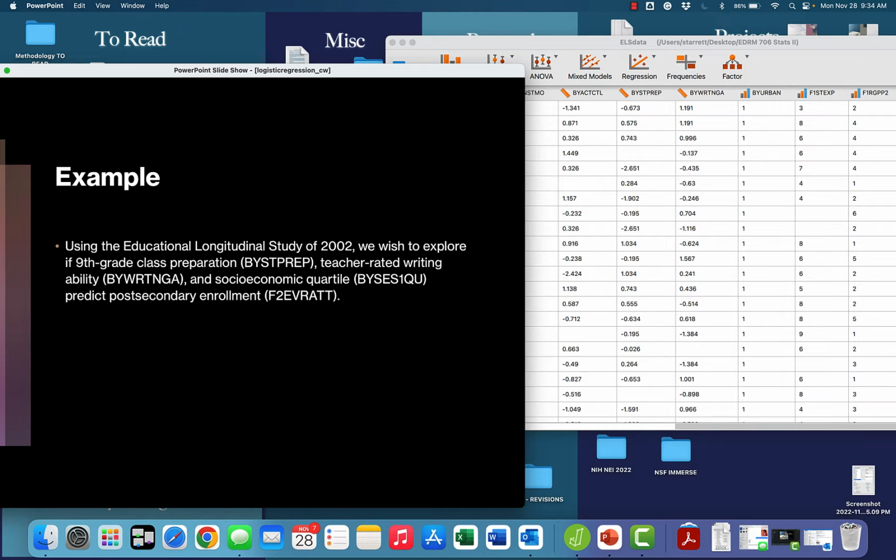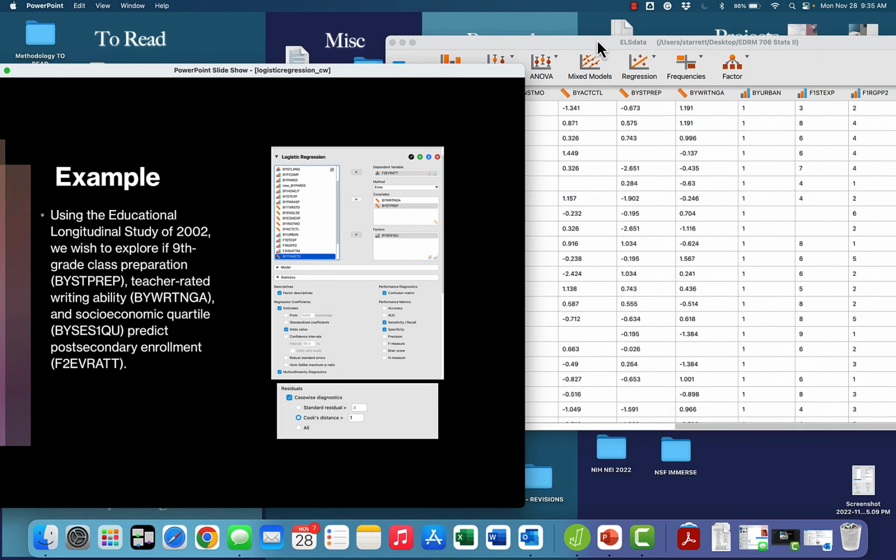The NCES calculated this SES variable taking into account family income, parent education, a few other variables, I believe parent occupation, in calculating what SES quartile the student belonged in ninth grade.